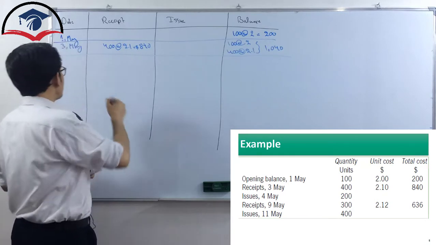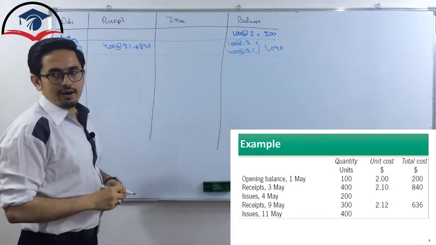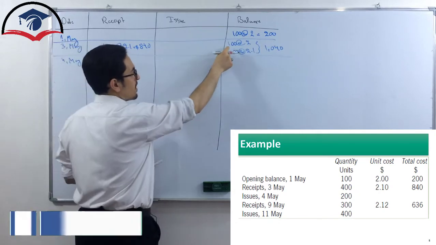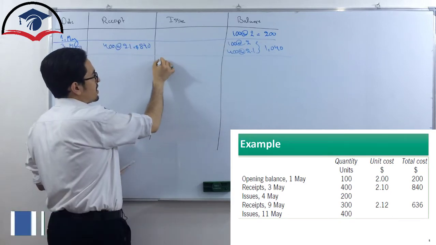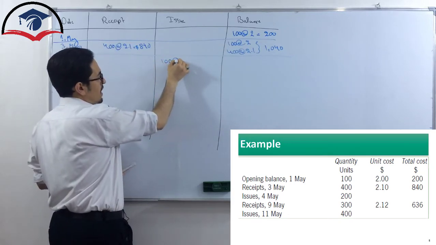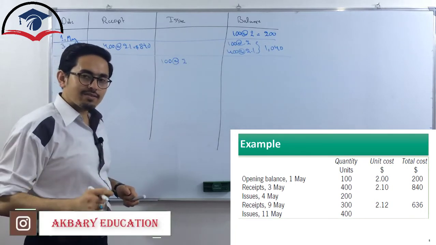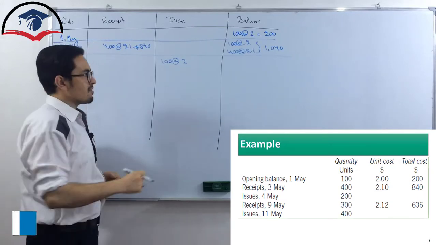On 4th May, there was an issue of 200 units. Now the point of FIFO comes. What comes first should go first. Therefore, we will issue 100 units at the rate of $2. After that, the next option available will be the second comer to the business.